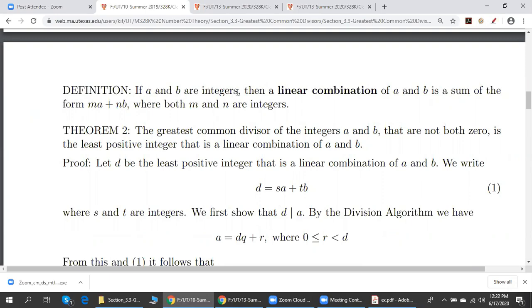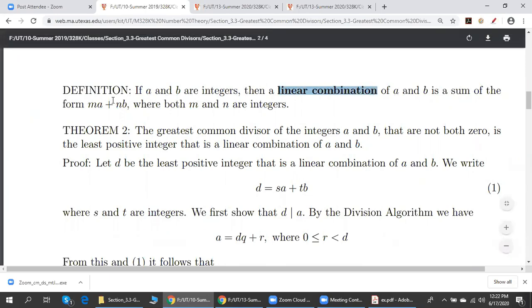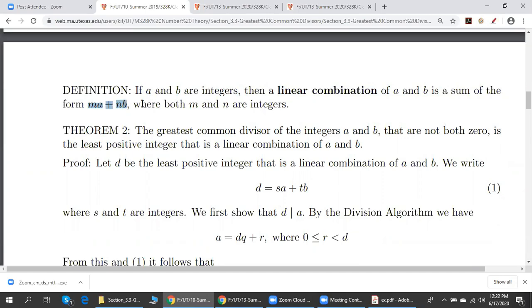We already discussed what is a linear combination of A and B. If A and B are integers, then a linear combination of A and B is a sum of the form MA plus NB, where both M and N are integers. Often I will call it a linear combination, but to be more specific, sometimes I will call it an integer linear combination.